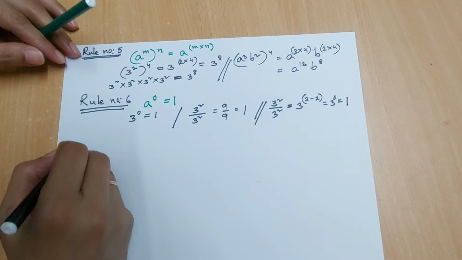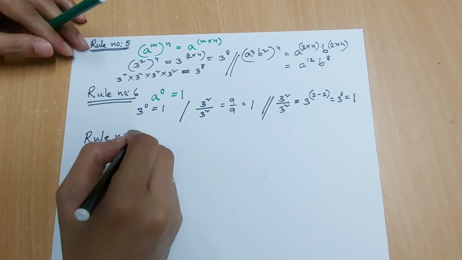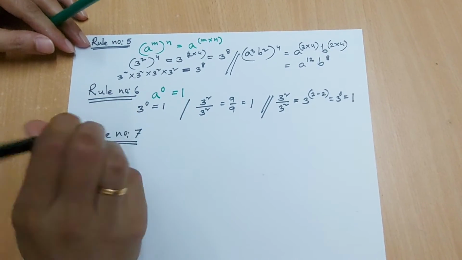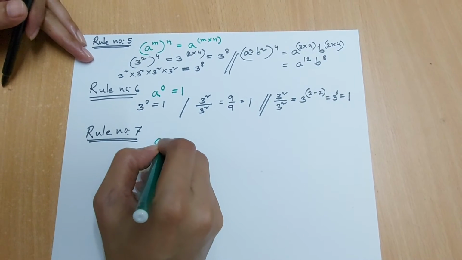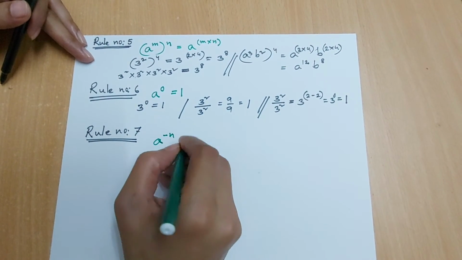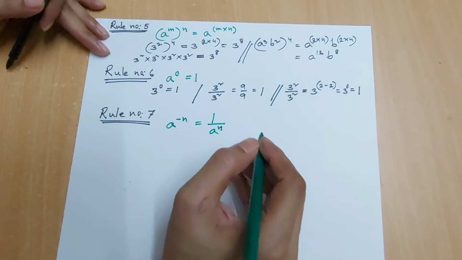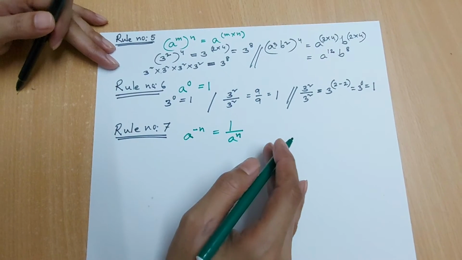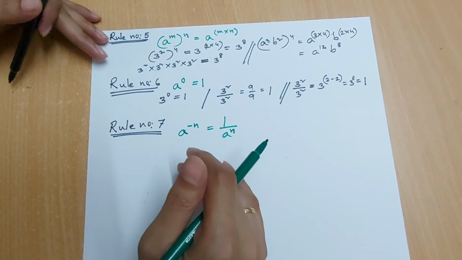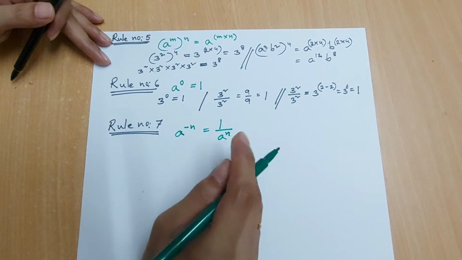Now rule number 7. Rule number 7 is a power negative n equal to 1 by a power n. It means when the base has a negative index, then the base will become a denominator with a positive index.